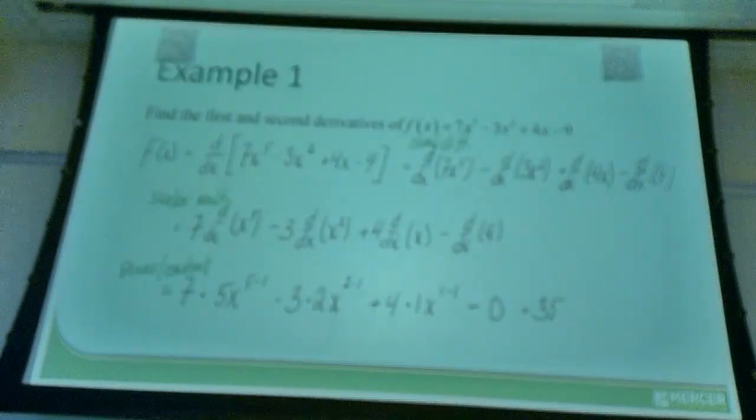No, I'm just doing it to show off how the rules work. Derivative is 35x to the 4th minus 6x plus 4. And I leave it to you to pass it through the actual definition to confirm it.